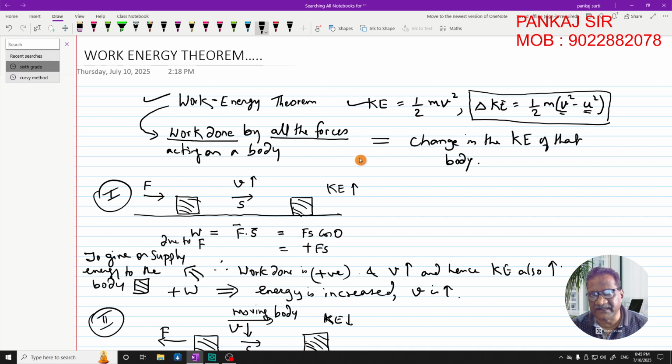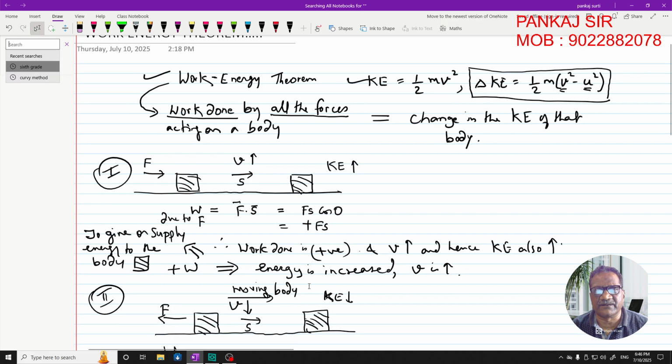Once again, I am repeating: the work done by not one or two forces, but by all the possible forces acting on a body at that particular time will be equal to the change in the kinetic energy of that body. Now, this theorem is very useful, and you will come to know in a short while why it is very useful. First, let us try to understand the meaning of this work energy theorem.